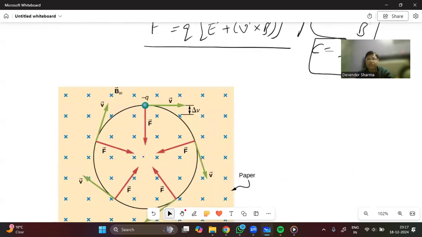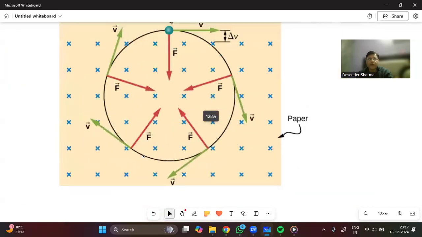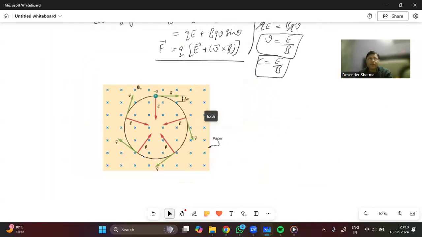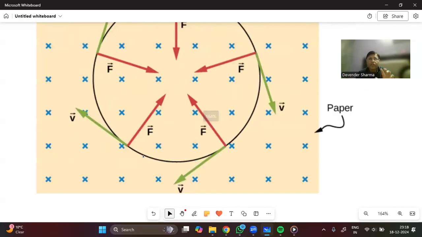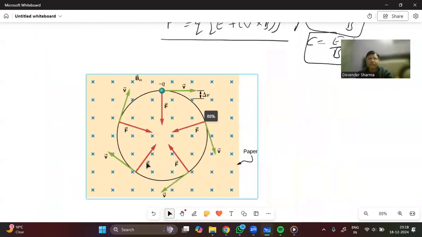Now let's move on to the most important thing here, which is how these forces are going to act. What we are going to discuss is how F equal to BQV sine theta changes the whole situation. Let's see this situation in front of you right now.